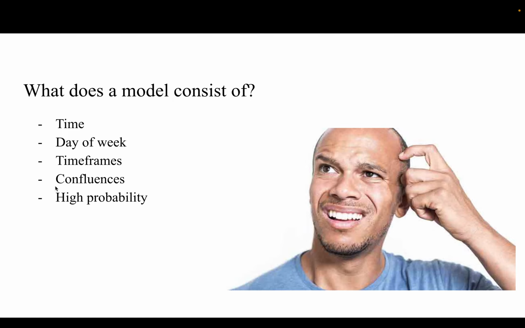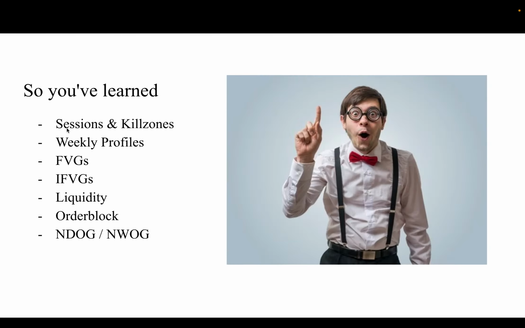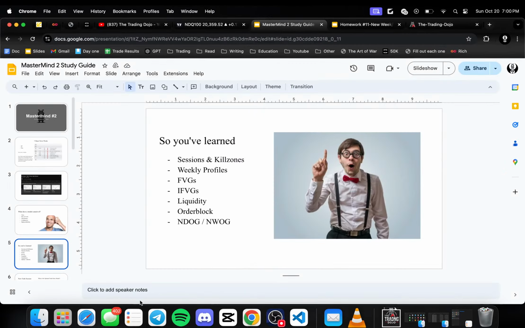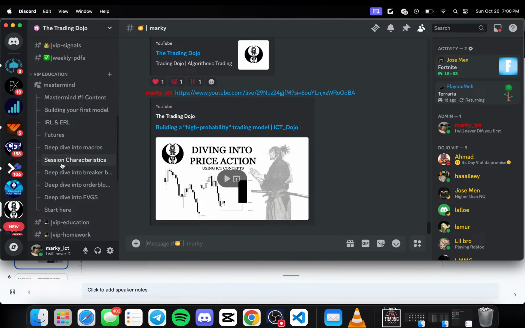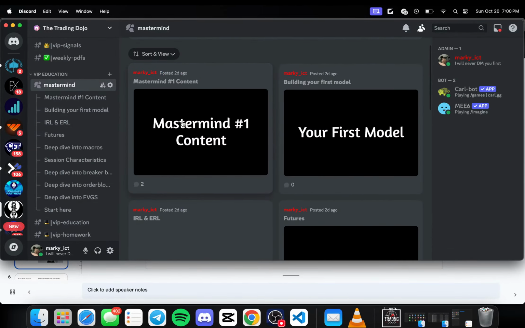And next is confluences. So you've probably learned sessions and kill zones, weekly profiles, FVGs, IFVGs, liquidity, order blocks, new day opening gap, and new week opening gap. If you've been studying ICT, you've definitely learned at least half of these, at least the basic ones: FVGs, liquidity, order blocks. If you're new, we're building a little mastermind in our Discord, which is going to be released soon.